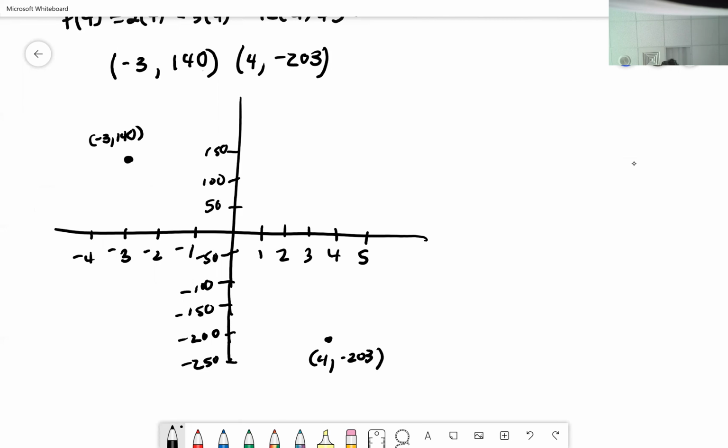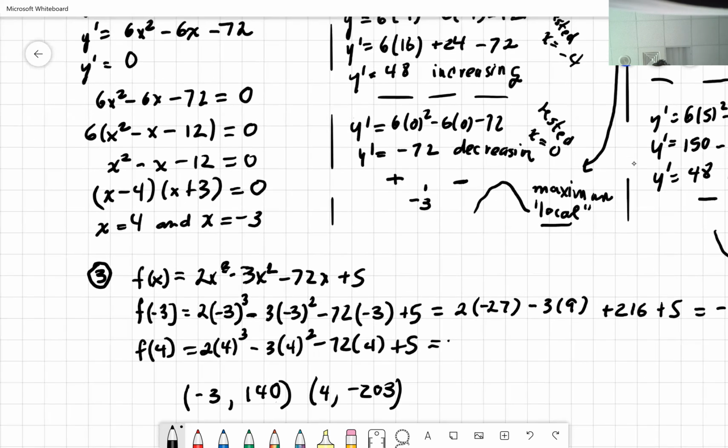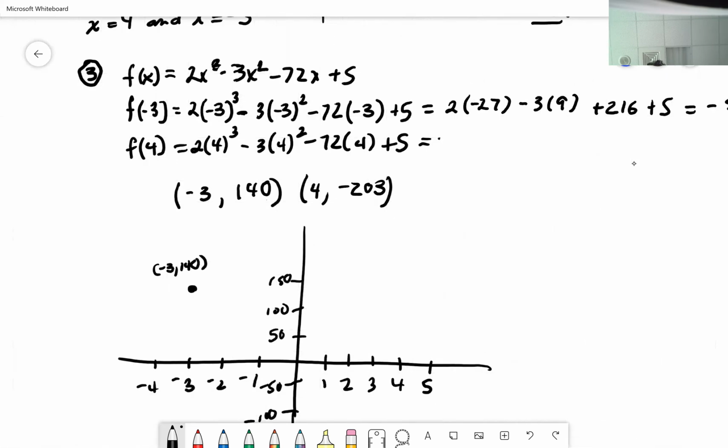Now, if I look at the work I did previously, when I tested the -3 out, it told me that the function was increasing on this side and then decreasing on this side. Now, I know for a fact that the y-intercept for this function is actually 5.